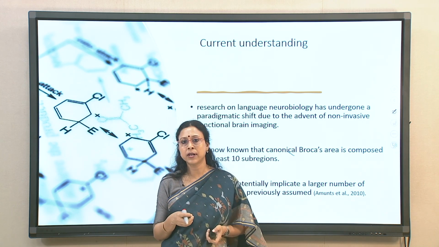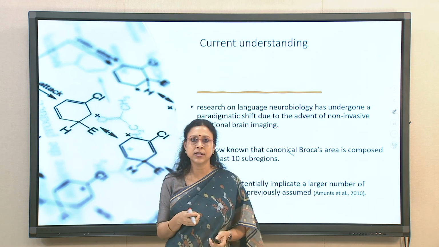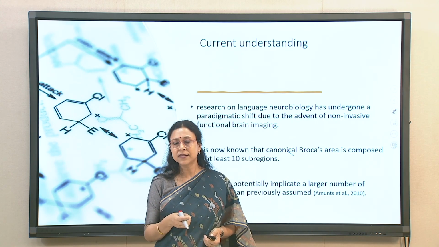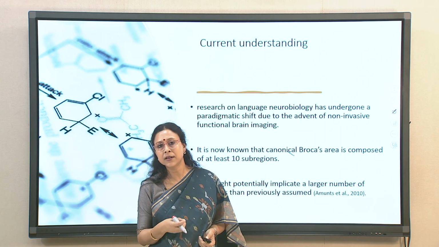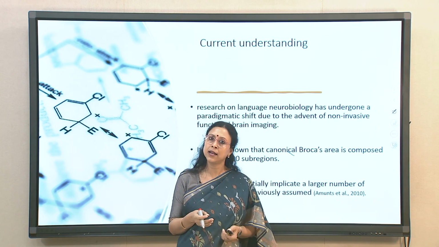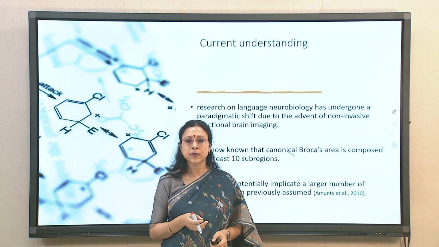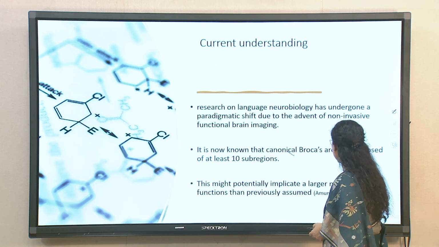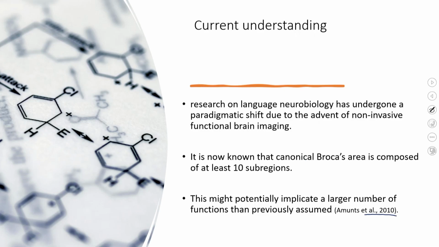It has 10 sub-regions within itself. If there are 10 different regions within that area, chances are very high that there are at least 10 different functions that this entire area is performing. These are some of the more recent findings. One of them is this 2010 publication.